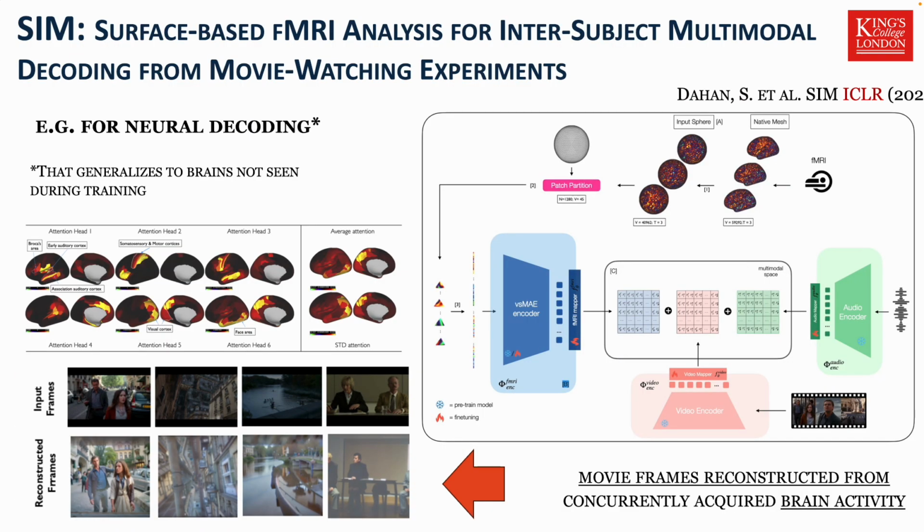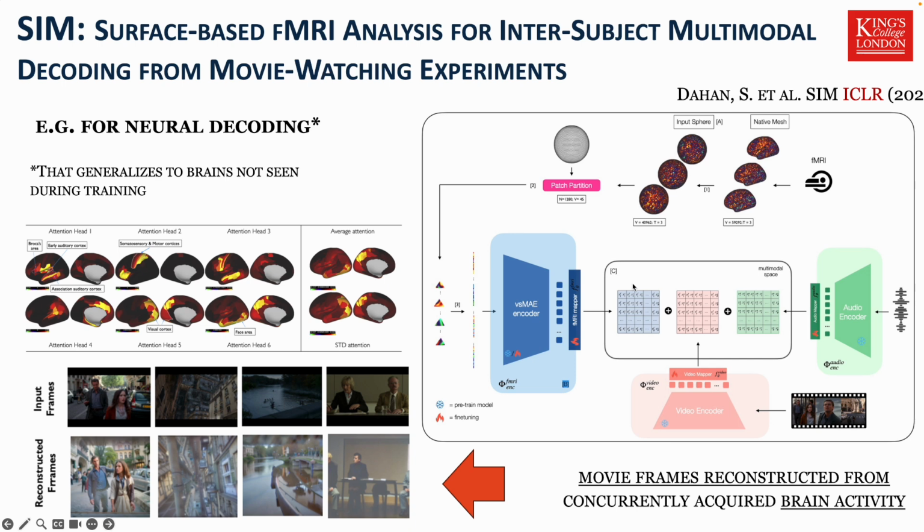For example, you can encode brain activity using a video surface masked autoencoder. You can encode some movie clips that the individual is watching in the scanner using a video transformer. You can encode the audio with an audio transformer. These are all transformers, and then you can align them with CLIP contrastive learning.